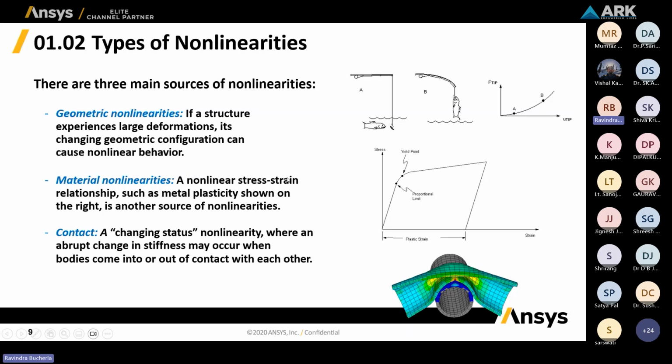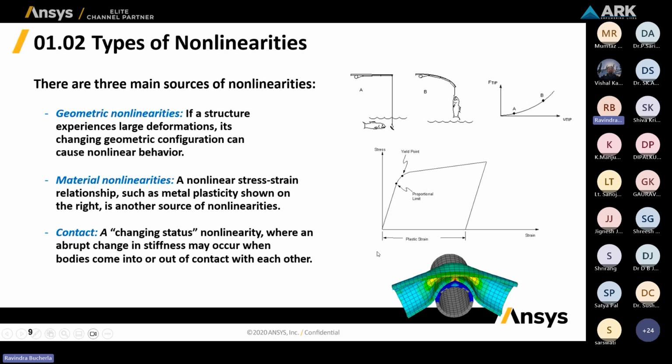And if we are providing properties beyond the elastic limit, like material properties such as plasticity or hyperelasticity, and because of the external load the structure is experiencing stresses beyond the elastic limit, then obviously we will be considering that as a material nonlinearity.